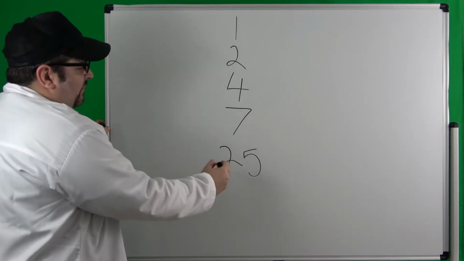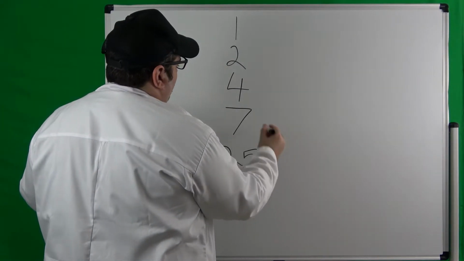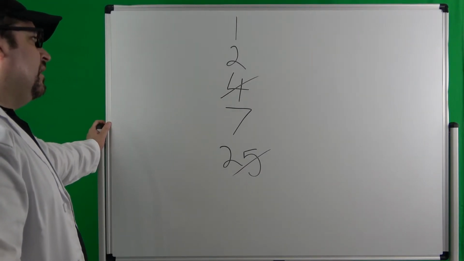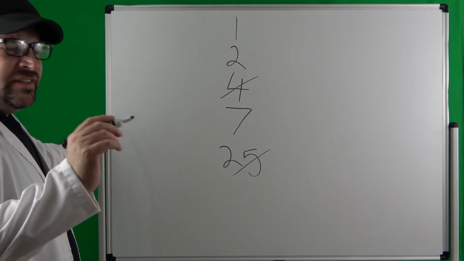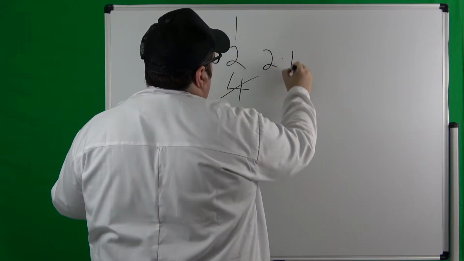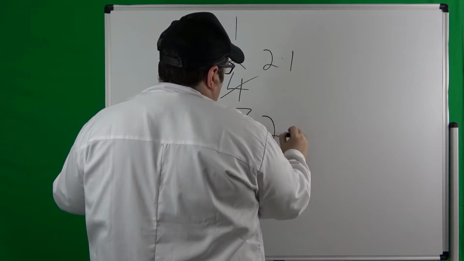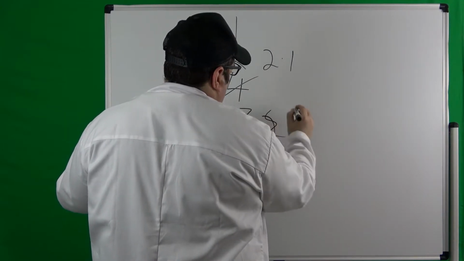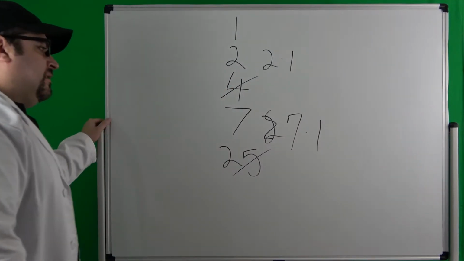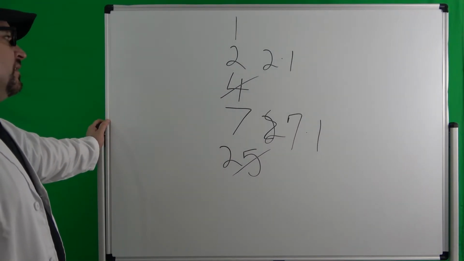Well, first of all, 25 and 4 aren't even prime numbers. So we can get rid of those. And we're looking for something that'll disprove that statement. So the factors of 2 are 2 and 1. Factors of 7 are 7 and 1. Well, that would fit.